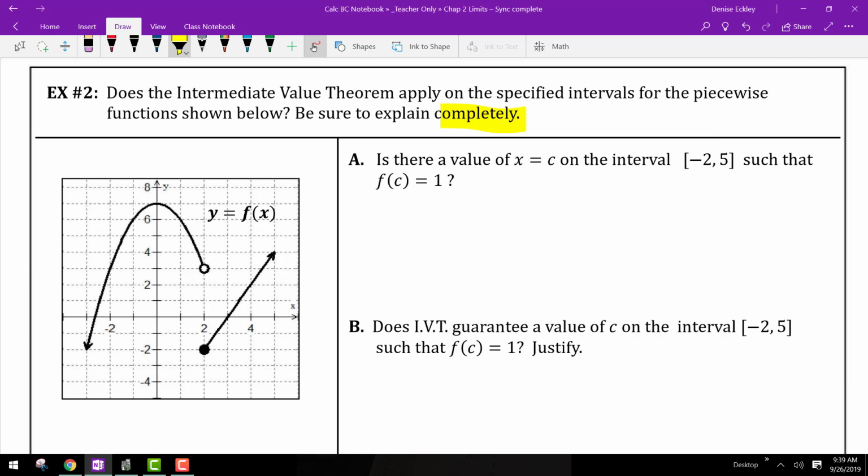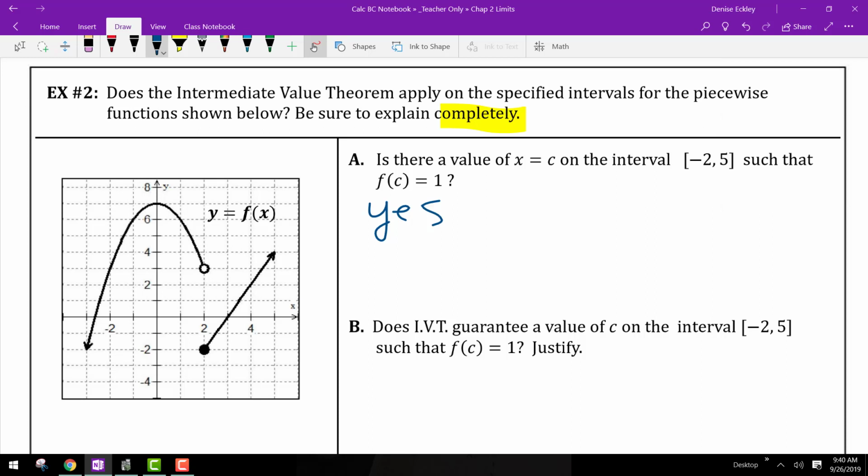So our first job, looking at number A, is there a value of x equals c on the interval negative 2 to 5 such that f of c equals 1? So we're just looking from negative 2 to 5. What we can say is that, yes, looking at the graph, there is a value. And I'll mark it on the graph.